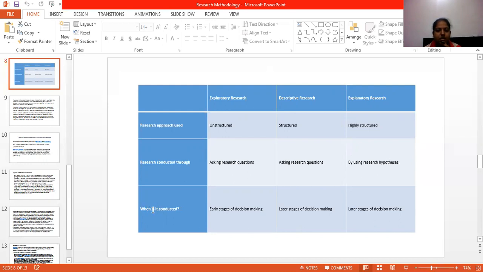Why is it connected? When is it connected? Early stage of decision making for exploratory research, later stage of decision making for descriptive research, latest stage of decision making for explanatory research.